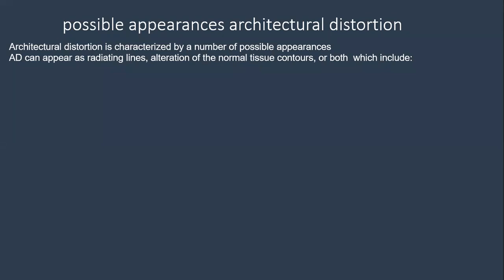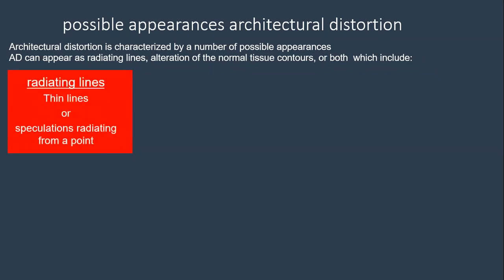It can appear as radiating lines, alterations of normal contour, or both. The radiating lines are seen as thin lines or spiculations radiating from a point.